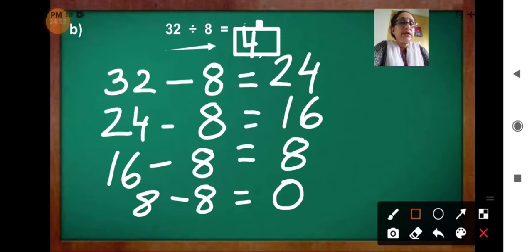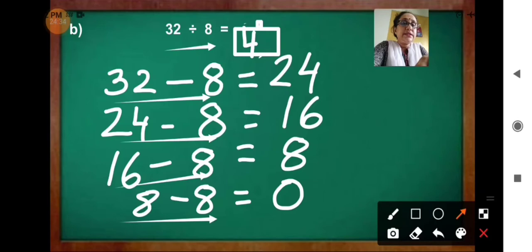You have to say the tables. You know 8 fours are 32. Then you have to write the steps. 32 minus 8, 24. Then 24 minus 8, 16. 16 minus 8 is 8. And 8 minus 8 is 0. Now you can see here 8 is coming how many times? 4 times. Okay.